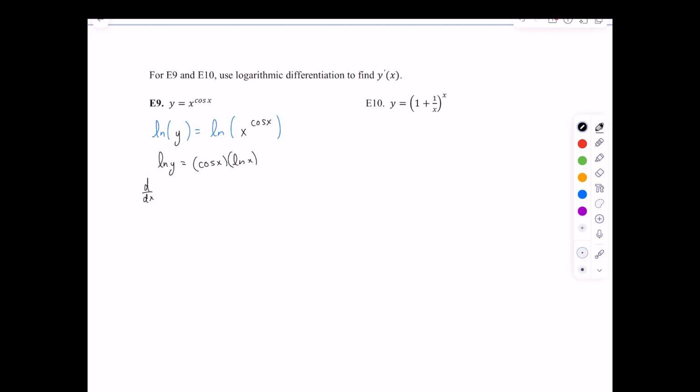And we'll go ahead and implicit differentiate both sides of this equation. And notice the right-hand side is going to yield the product rule for differentiation.